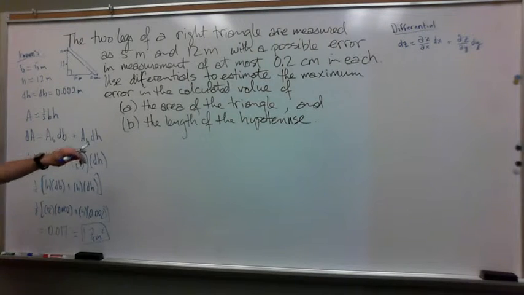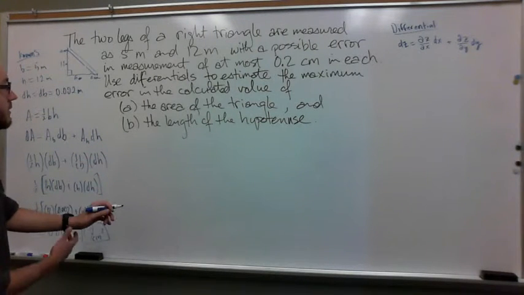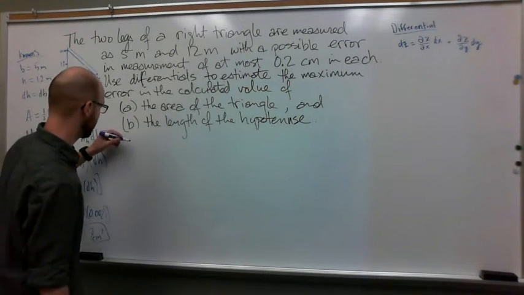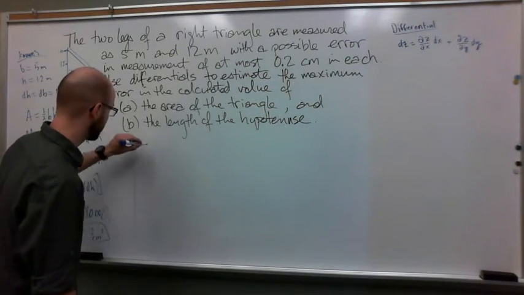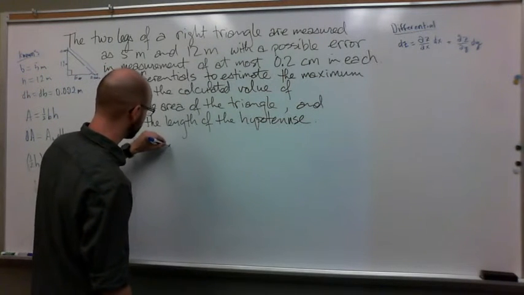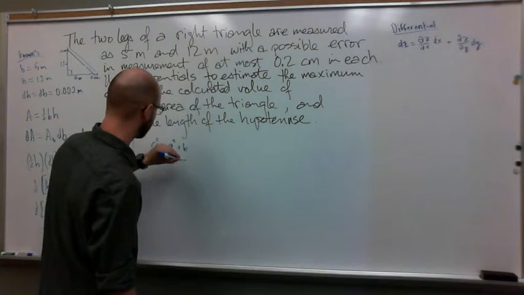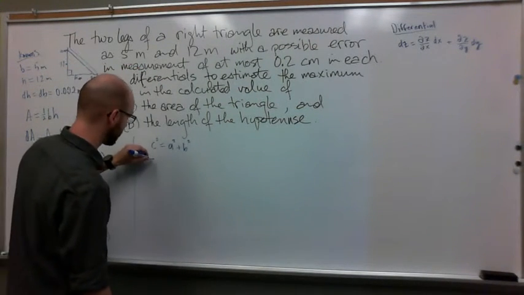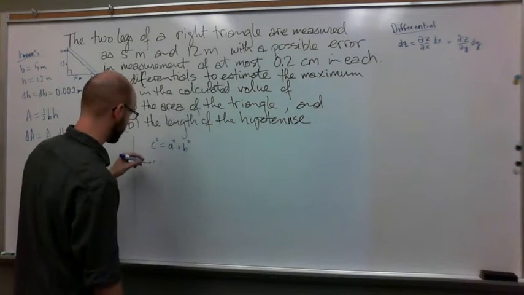Okay, so now for part B, we want to find the length of the hypotenuse. This is going to be pretty similar. So we know that the equation for a triangle to find the length of each side, c squared equals a squared plus b squared, if c was the hypotenuse. We can change that to solve for c.